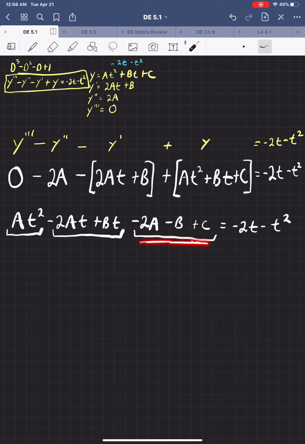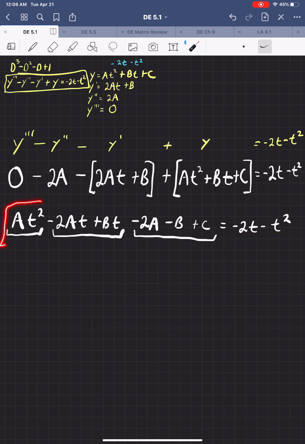So, in this case, let's take a look at the form of our answer. Let's start with the negative t squared. Now, remember, I'm trying to solve for a, b, and c, the coefficients, right? That's why they call this the method of undetermined coefficients, because we have not determined what the coefficients are yet.